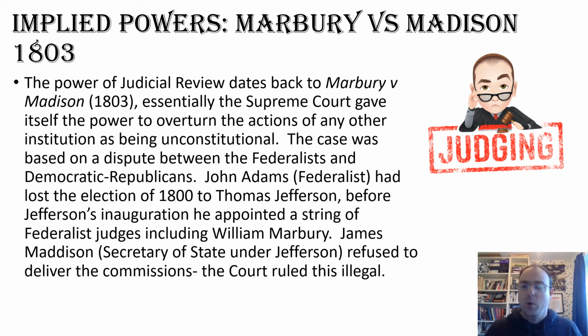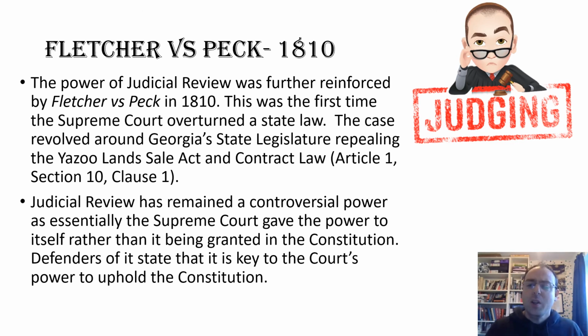So again, we see the Supreme Court interpreting the Constitution as giving itself a bit more power. This was further emphasised with Fletcher versus Peck in 1810. This is a slightly different case, but it's this idea of judicial review, and it's the first time that the Supreme Court had overturned a state law.